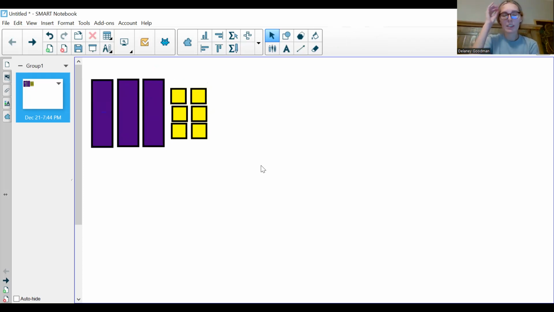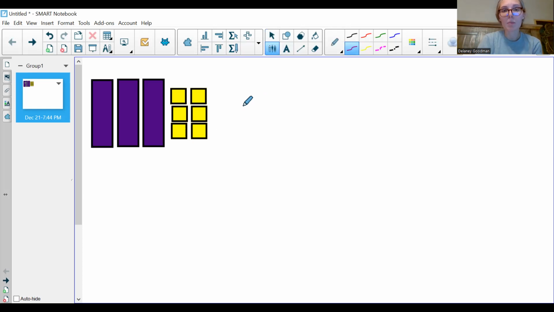Okay, so I see 36 stuffed animals that Nicholas has. Then his mom gave him 10 more stuffed animals. How many stuffed animals does he have? Okay, so here's his 36 stuffed animals. What can I add to this to find 10 more? 10 more. I'm going to stop and I'm going to let you think about it.